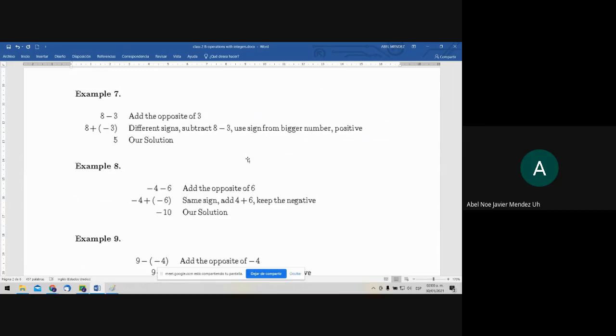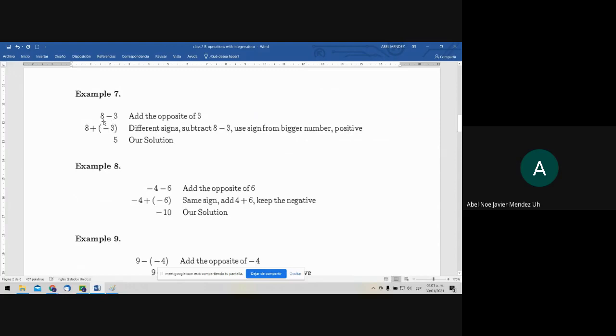We need to transform or change the operation to an addition. Okay, different signs. Subtract 8 minus 3. Use the sign of the bigger number, positive, our solution. We just change the operation to addition.